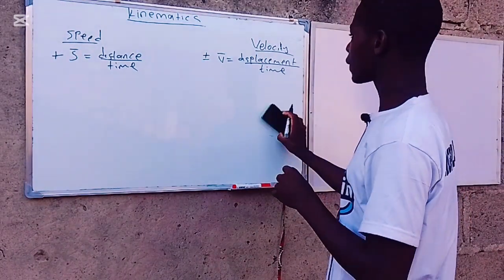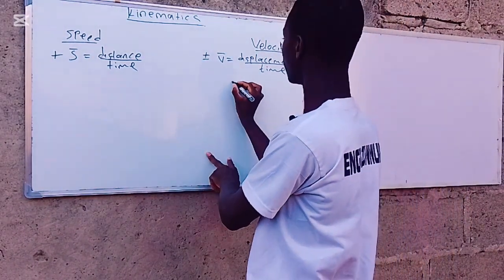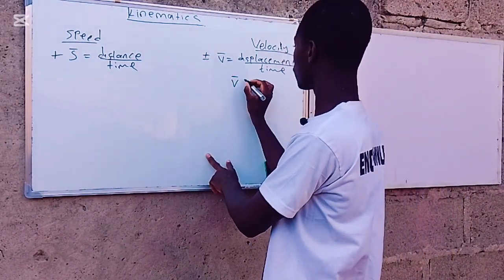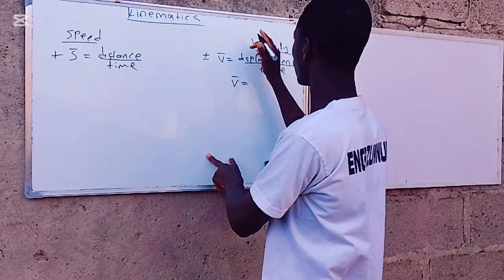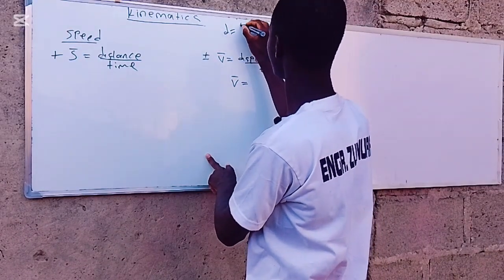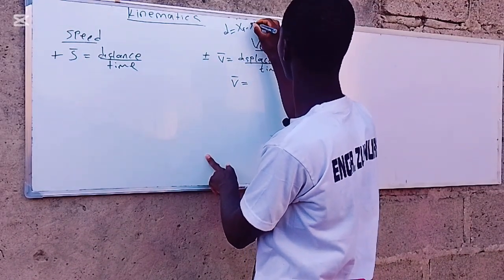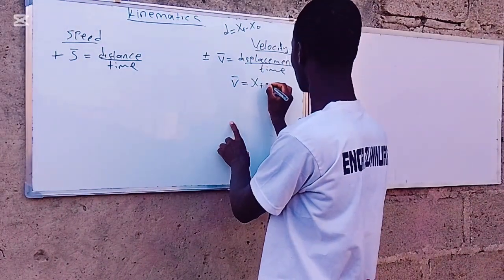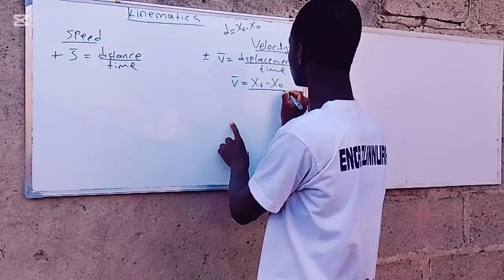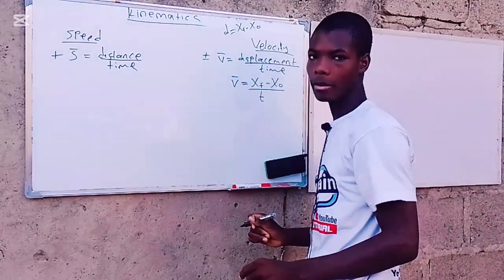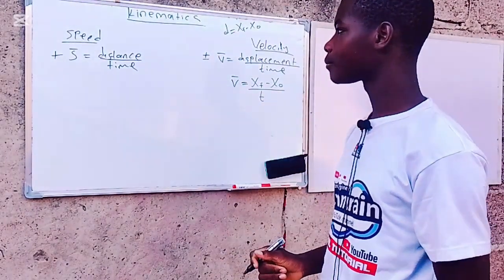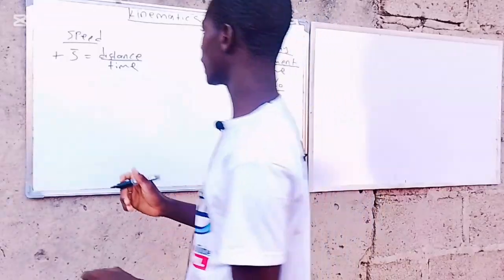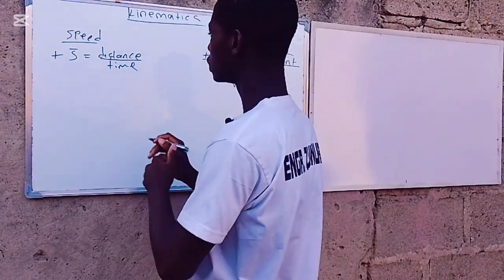The average velocity is equal to displacement, the final position minus the initial position, divided by time.